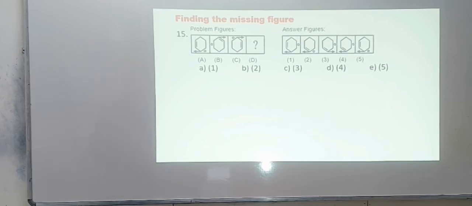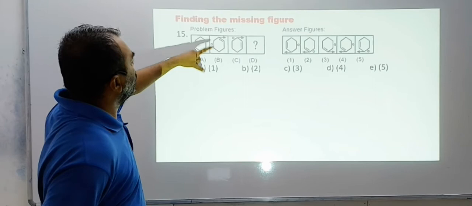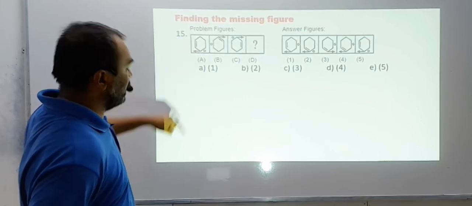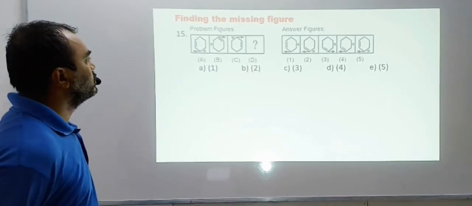So now you have to work on this question. Think for yourself, apply your logic and see. Now because it is a hexagon, even if it is moved, we cannot know whether to move this line inside, this dot outside and this arrow. The three things have changed their positions.